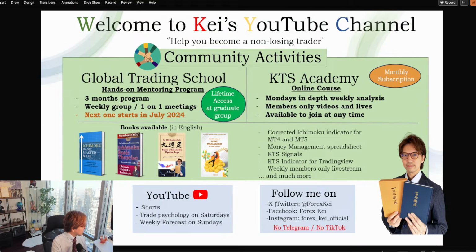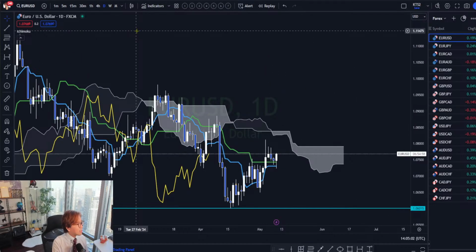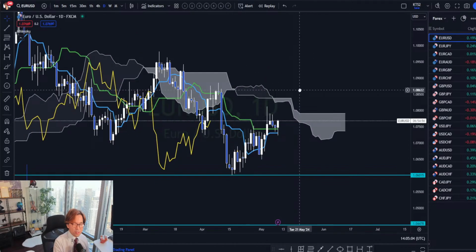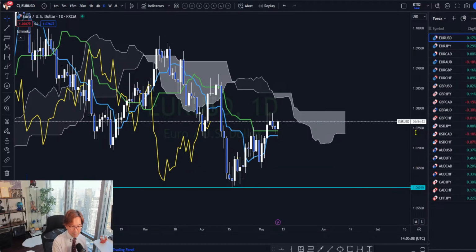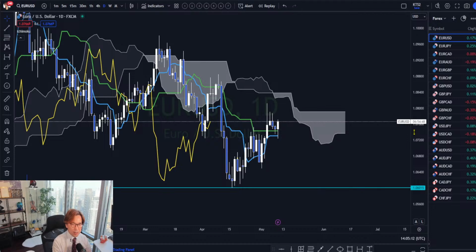So let me switch screen to TradingView and do time cycles. So this is the daily time frame. Whenever you do the time cycles, it's better to do it on the daily time frame. It works in a lower time frame also, like 4 hour or 1 hour.